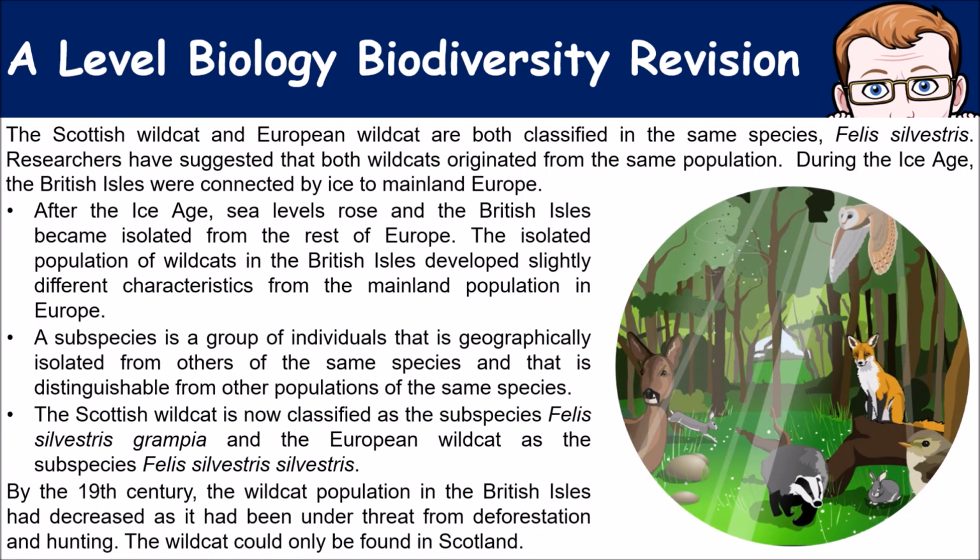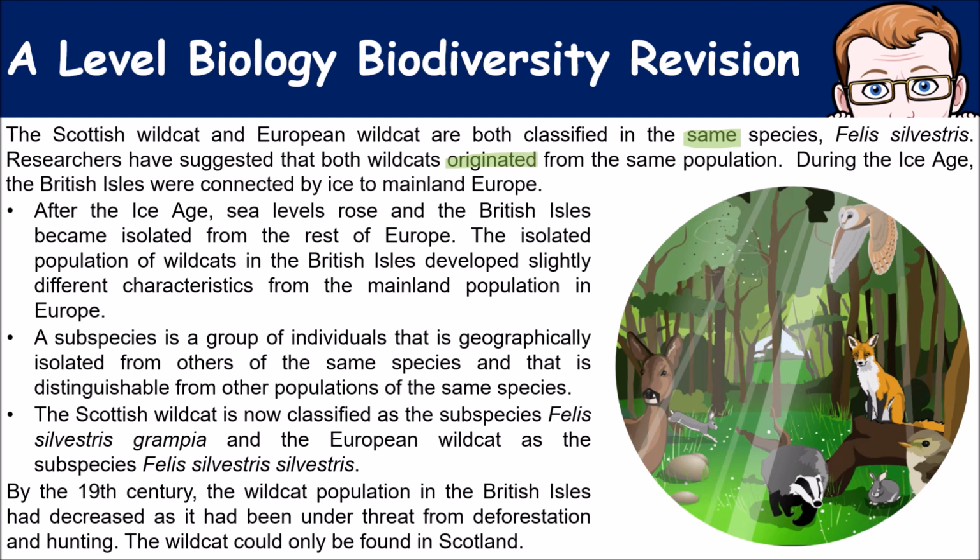So we're just going to have a quick look at an example of a question that looks at biodiversity. In this question, it talks about the Scottish wildcat and the European wildcat, which are both classified as the same species. Researchers have suggested that both types of wildcat originated, so came from, the same population.